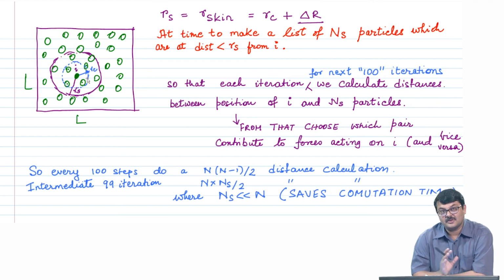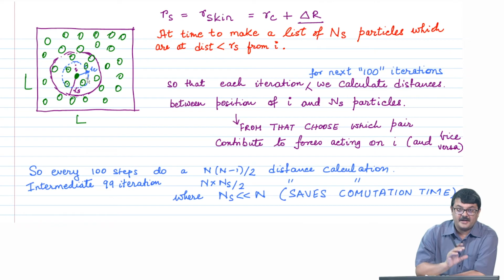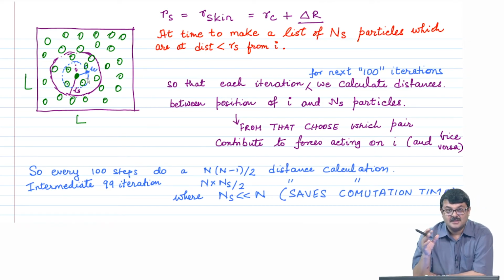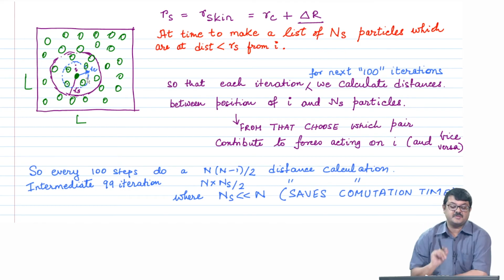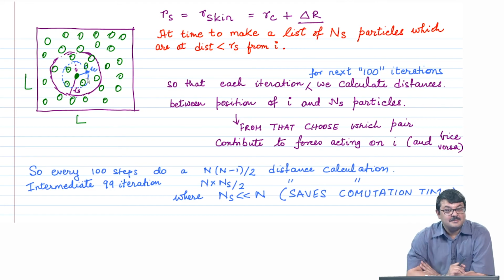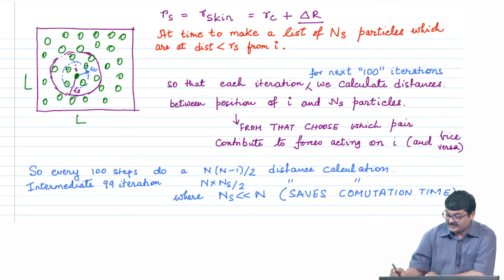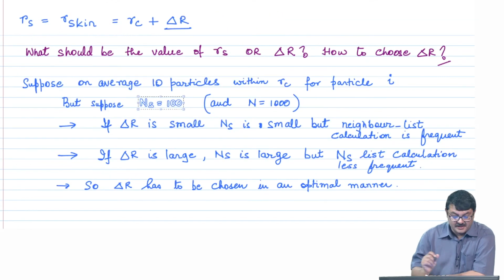Of course, right now it is interacting with certain 10 particles. After say 100 iterations, it could interact with a different set of 10 particles, because all the particles would have moved in space, but still you are calculating the distance to around 90 particles extra.